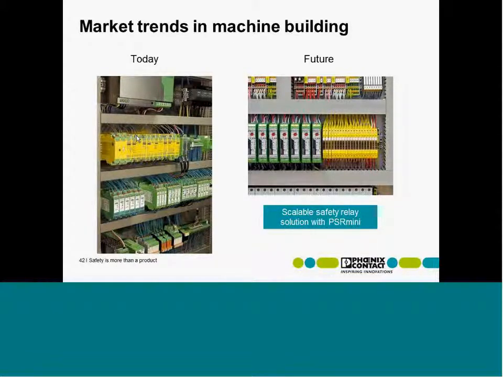For each safety function, we will be able to have a special safety slice. For example, you can connect all the outputs together in a very easy way. And that's also a very smart and scalable safety solution, which is very optimized to save space in the panel and the cabinet itself.